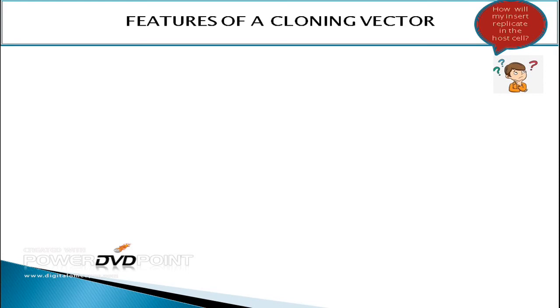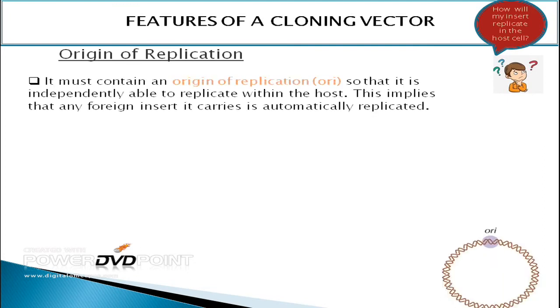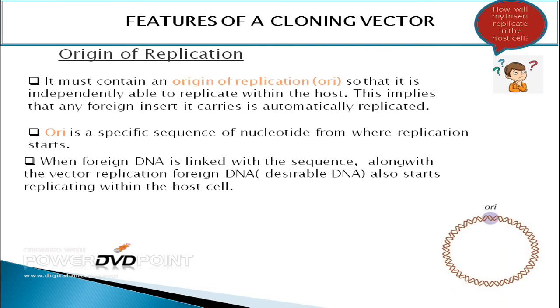The first feature is the origin of replication. A vector must contain an origin of replication, or ORI, so that it is independently able to replicate within the host cell. This implies that any foreign insert it carries is automatically replicated inside the host cell.